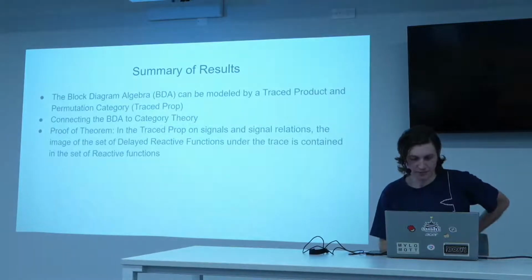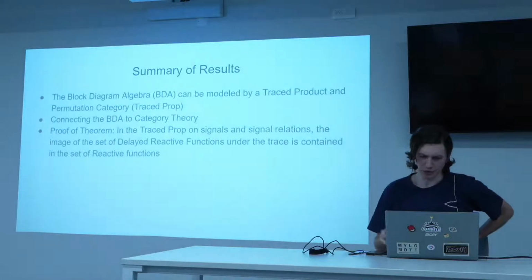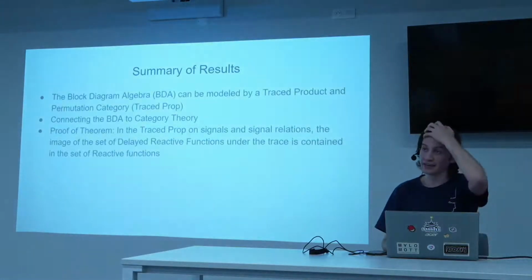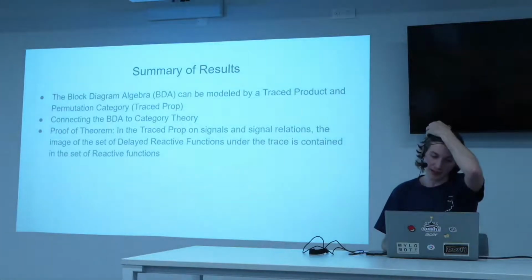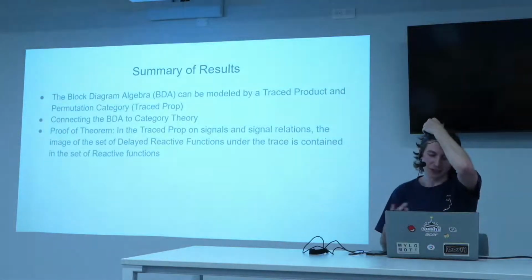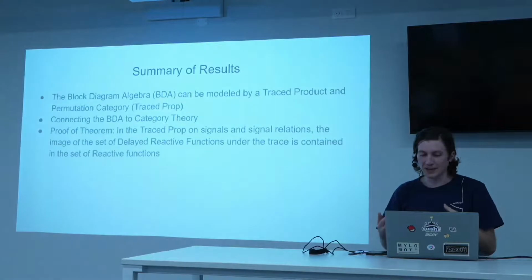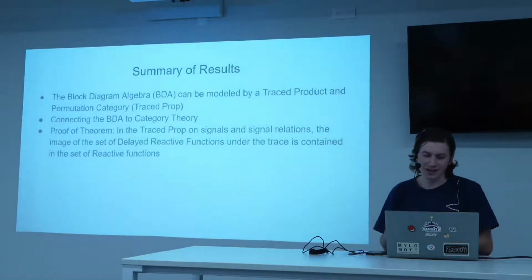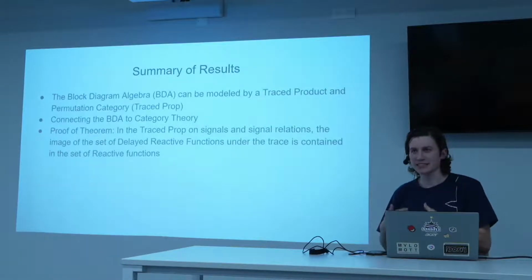So I was talking about the one sample delay. One of the reasons why I started looking into this and trying to apply category theory to Faust is because I wanted to know exactly why there was a one sample delay in the definition of the recursion, because it's a little bit odd.